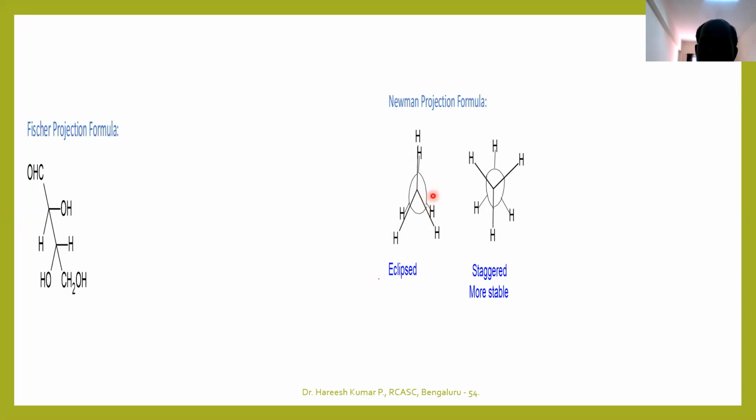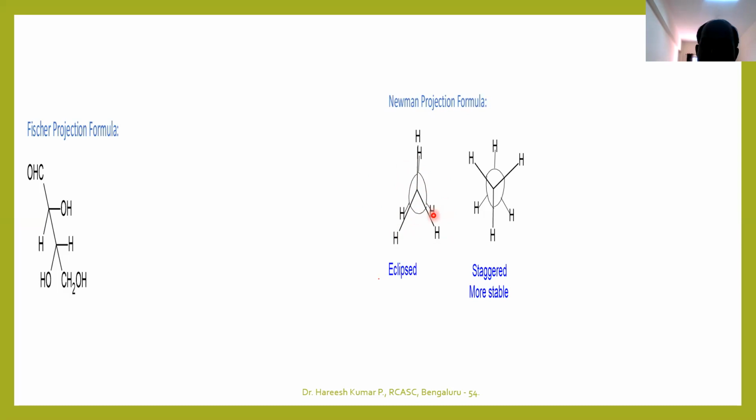And because of the eclipse, there will be interaction between this H and this H. That indicates there will be steric hindrance in the eclipsed form because of the close association. That is the reason there will be a strain. Because of the strain, the eclipsed form is unstable.